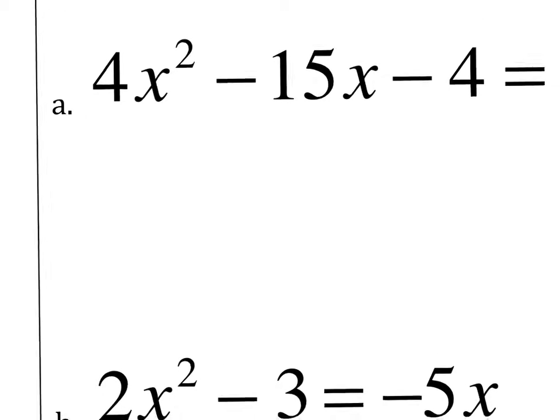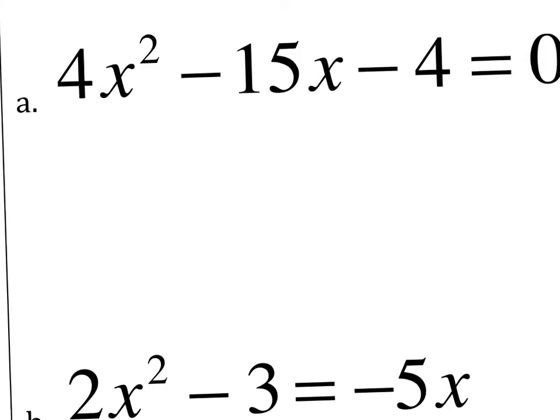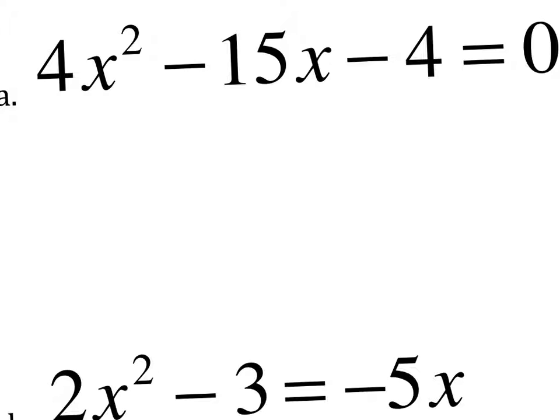Next up, we're going to factor some more, but this time we're going to solve by factoring. So it's going to start by factoring and take this to the next step. I'm going to begin these exactly the same way. My a times c is going to be negative 16x squared. I'm going to multiply to this and also add up to my middle term, so negative 15x.